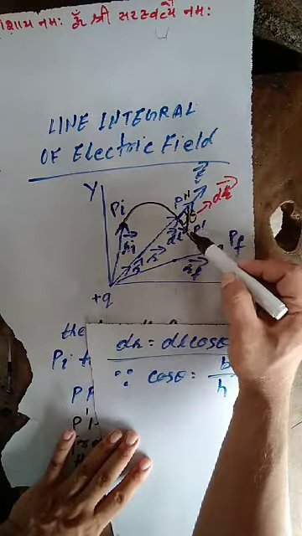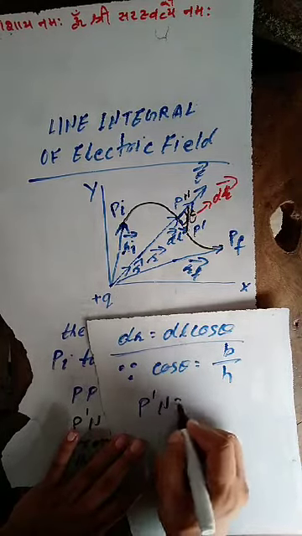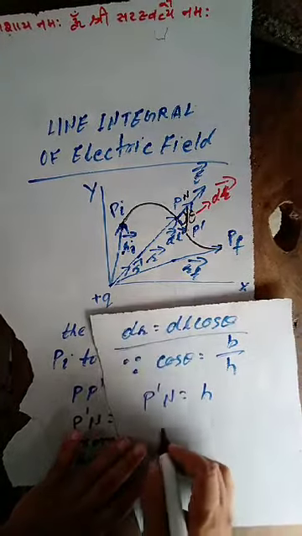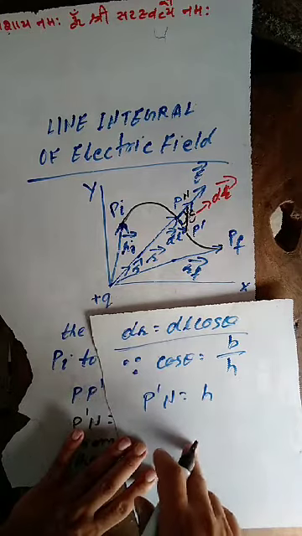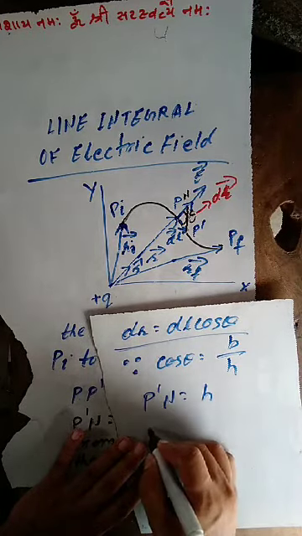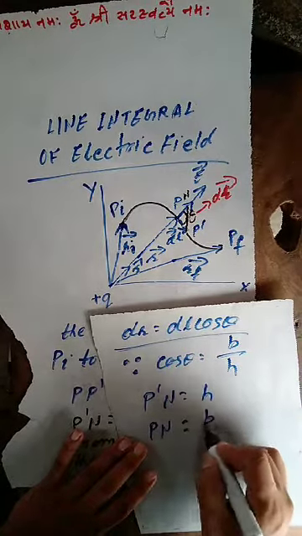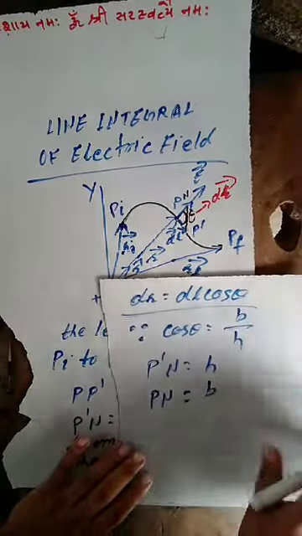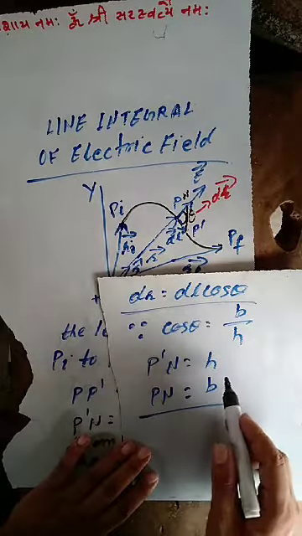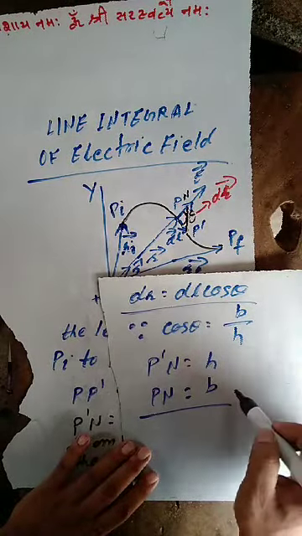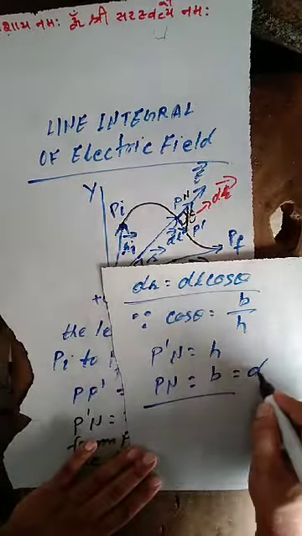If this is your theta, so here P dash n is your hypotenuse, and Pn is your base. So cos theta is base by hypotenuse, and that's why here Pn is your dr.